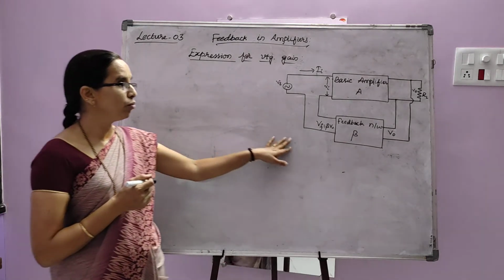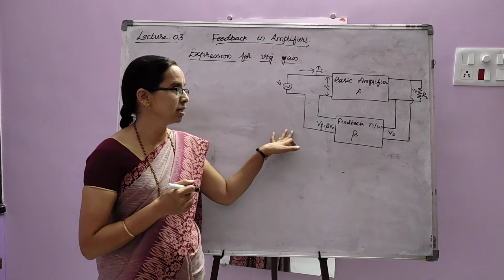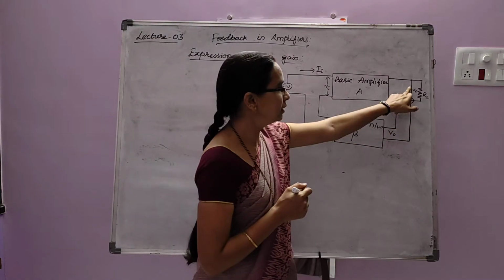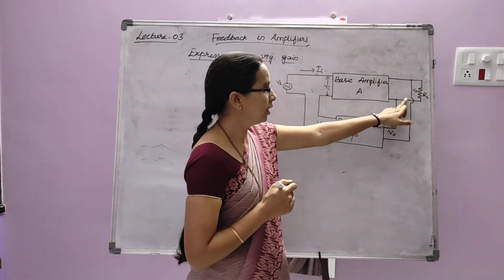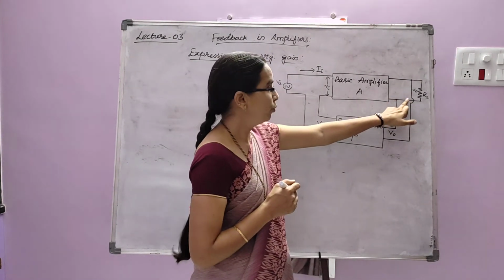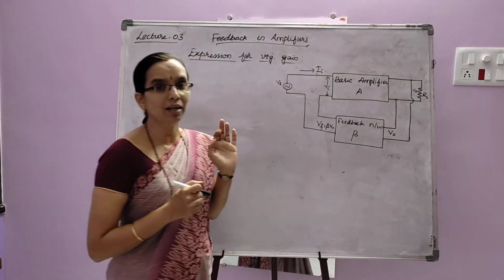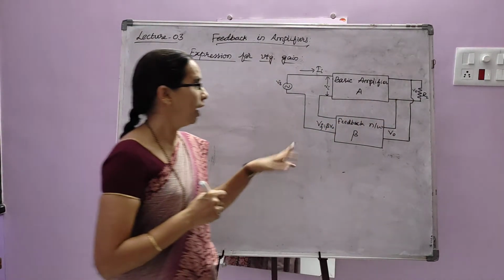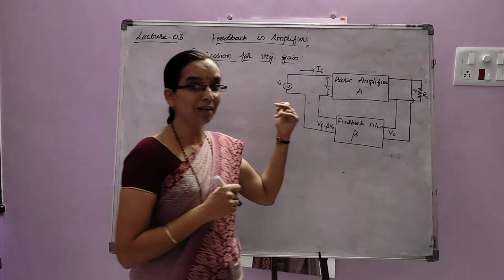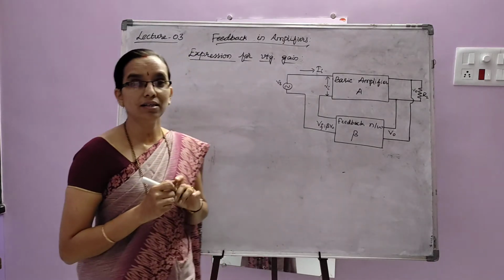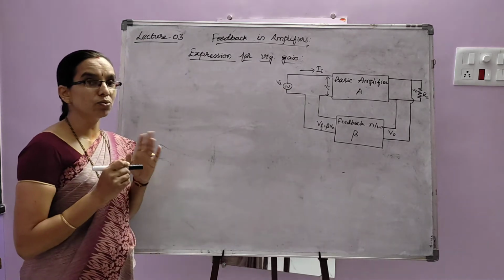The block diagram of voltage series negative feedback is given here. Whenever we are taking the output voltage, the connection will be a parallel connection, and how it is fed back to the input is in series. Therefore it is called voltage series.